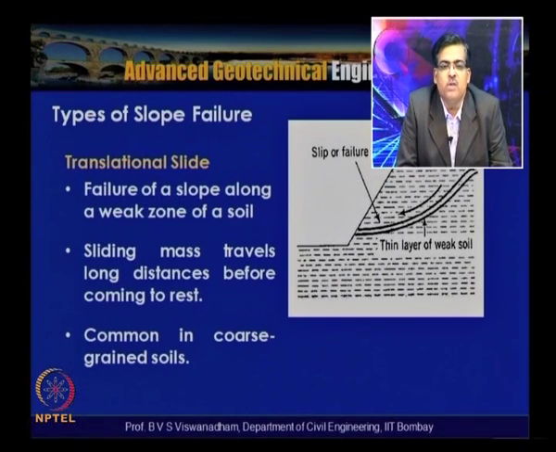That is the failure of a slope along the weak zone of a soil, and the sliding mass travels long distances before coming to rest. It is common in coarse grained soils, and this is possible.